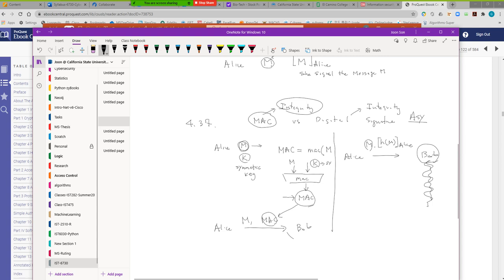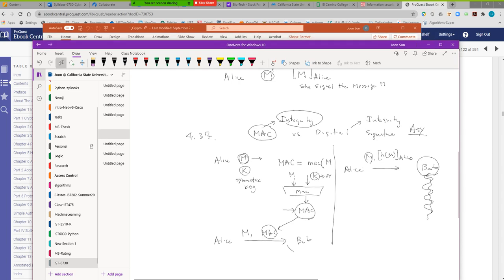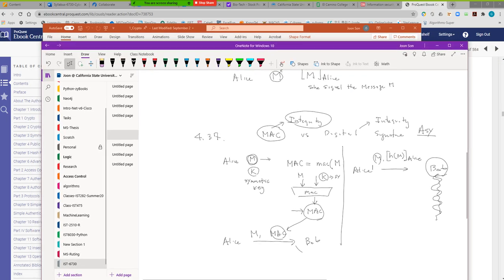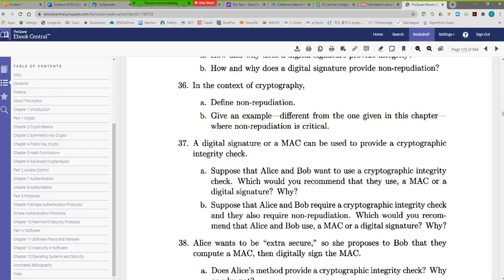Now, if you look at problem A: suppose that Alice and Bob want to use cryptography. Which would you recommend, a MAC or a digital signature?